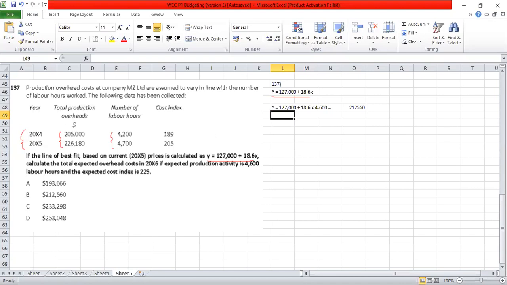So the previous index number will become the base. The current value is 225. So we need to make the adjustment accordingly. The variation, these fluctuations, the changes also have to be accommodated.